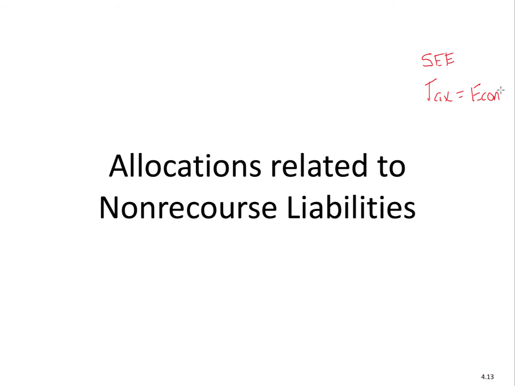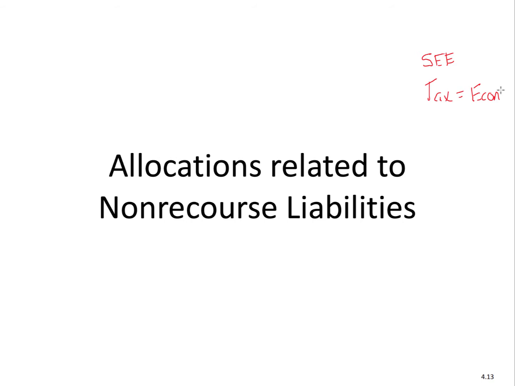That's the key. And we talked about the general ideas in that first part of the video and how there's safe harbors and there's partners' interest in the partnership and how the allocation will take place. So please, if you have not yet looked at that portion, you need to consider that. Now remember, from that video, I mentioned that there's some special rules dealing with allocations related to non-recourse liabilities, and also book-to-tax disparities.